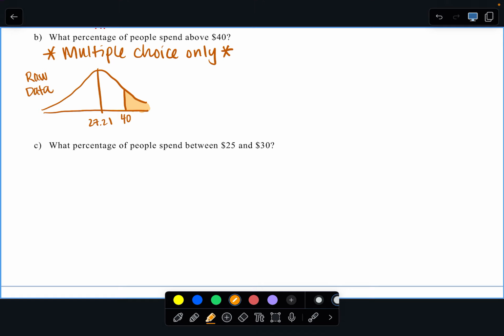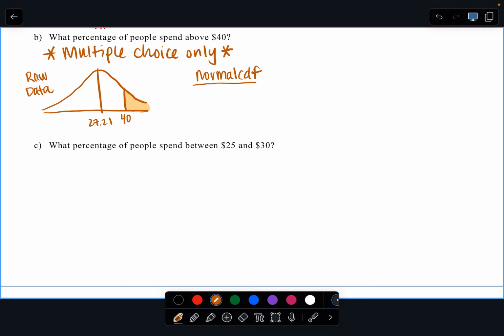Now, again, if this is multiple choice and you know above means we're going to positive infinity, you don't even have to sketch a picture. But just to show you what we're doing, I'm going above 40. Now, once I know what direction I'm going in, if this were multiple choice, I would go to normal CDF.